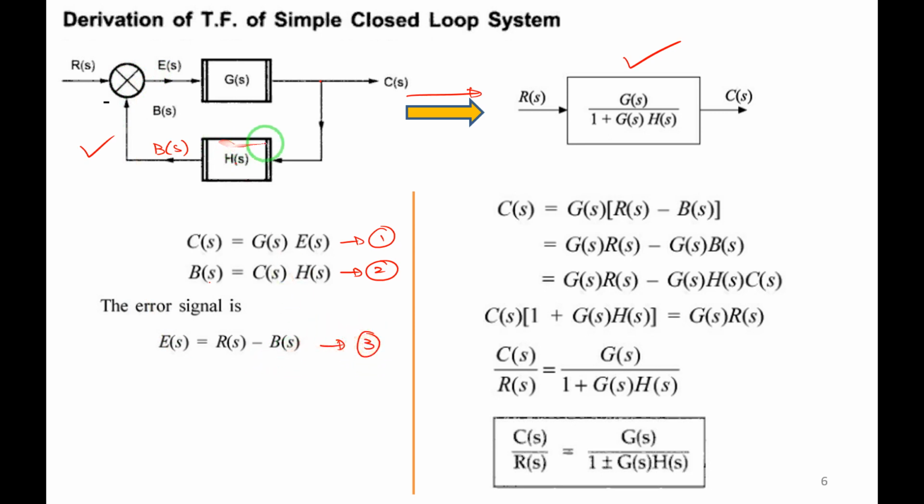Okay, fine. Next, what is C of S? From equation 1, we know that it is G of S into E of S. What is E of S? From equation 3, it is R of S minus B of S. Substitute here.